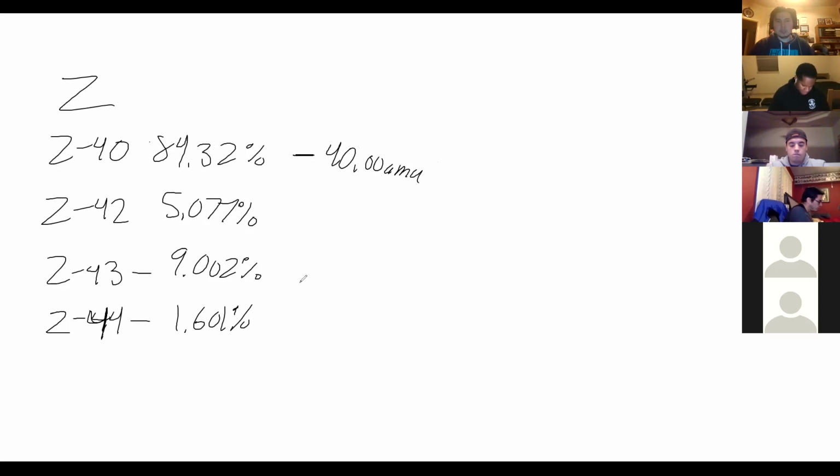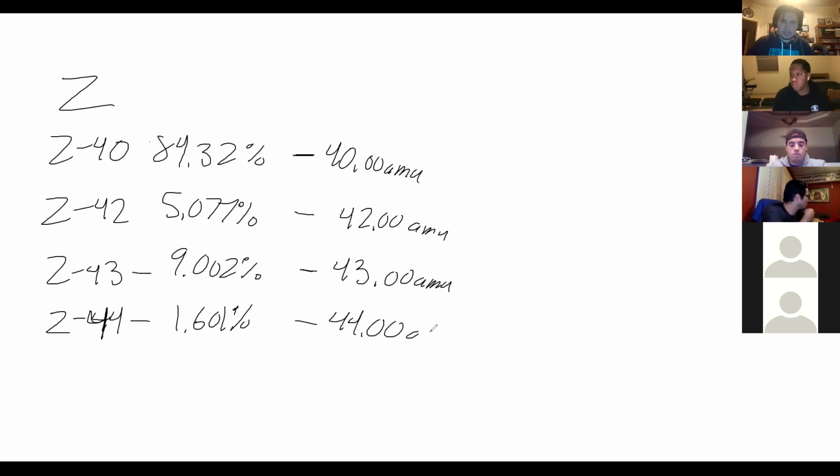Well, not the molar mass of the whole thing, but the molar mass of this specific isotope. And for the other ones, 42 is 42.00 AMU, 43 is 43.00 AMU, and 44 is 44.00 AMU.